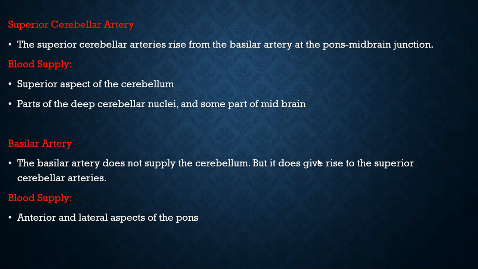The superior cerebellar artery was supplying blood to the brainstem and the superior part of the cerebellum. Now the basilar artery does not supply blood to the cerebellum, but it gives branches which provide blood to the pons. So now we know that the majority of the pons is getting blood from the basilar artery. Any occlusion in the basilar artery will result in a lot of different symptoms.